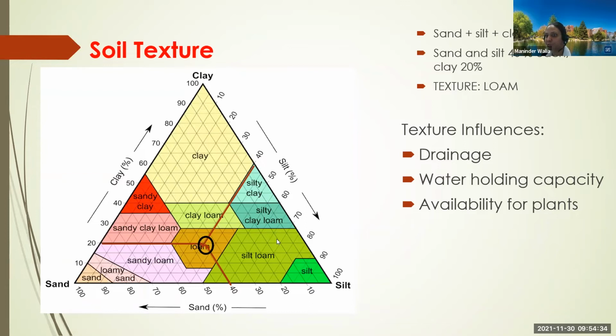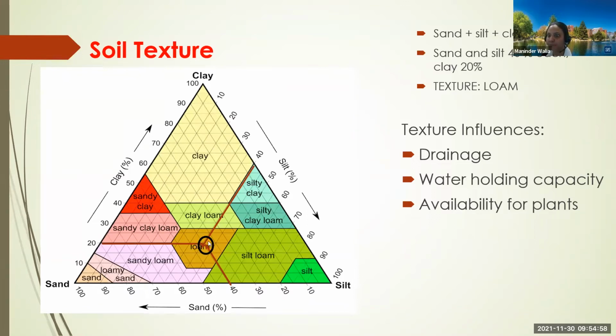One side of the triangle represents sand, another side represents clay, and the third side represents percent silt. So for instance, if we have 40% silt, 40% sand, and 20% clay, then whichever zone it falls in dictates the texture.